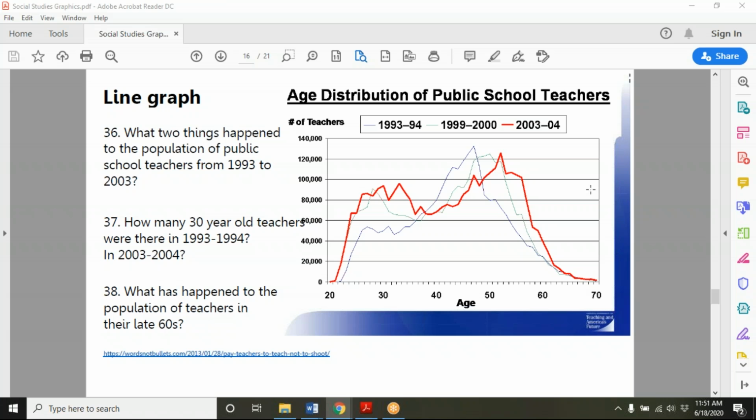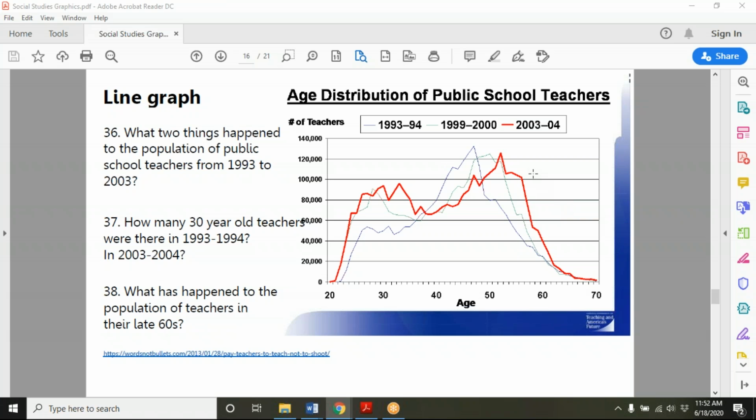There's a shift in the highest number. You look at the blue mountain and the red mountain. What way does it shift from the blue to the red?